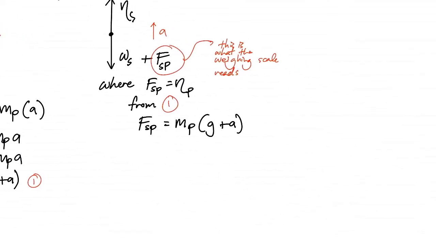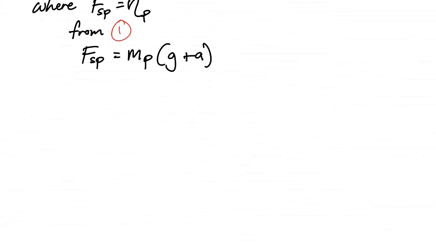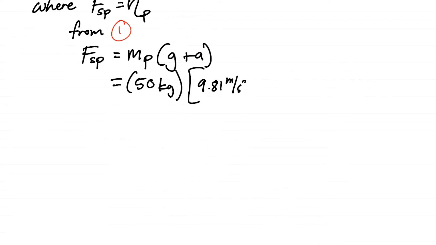So we'll simply substitute yung values natin to solve for FSP. So the mass of the person is 50 kilograms. Tapos acceleration due to gravity is 9.81 meter per second squared. Plus yung acceleration ng elevator and yung person, that is 0.200 meter per second squared. So, yan yung value niya.